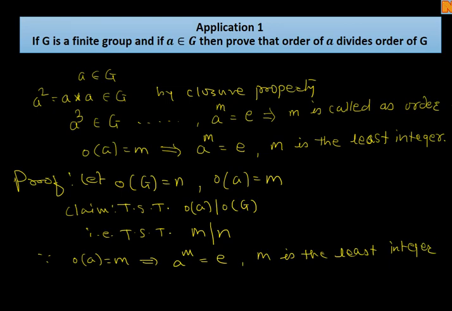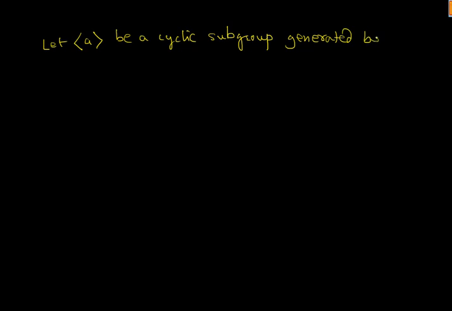Using this fact, we can construct a cyclic subgroup generated by this element A. So the cyclic subgroup is denoted like this. So let this symbol, denoting a cyclic subgroup, be the cyclic subgroup generated by the element A.